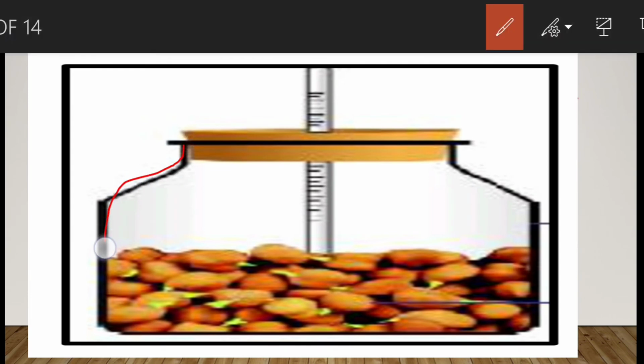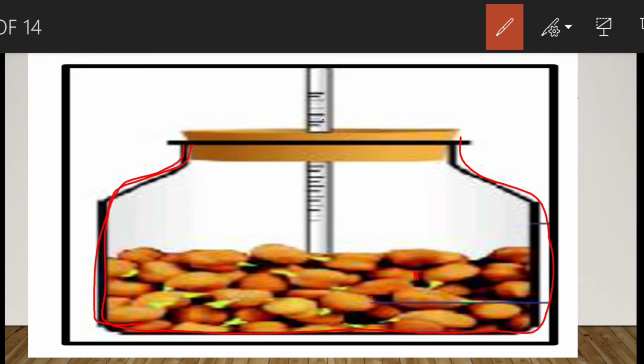Here this one is a thermos flask, because a thermos flask maintains the temperature constantly. It does not change with external conditions, so it maintains a constant temperature. That's why we want to record the temperature increase in the thermometer, so we use a thermos flask.